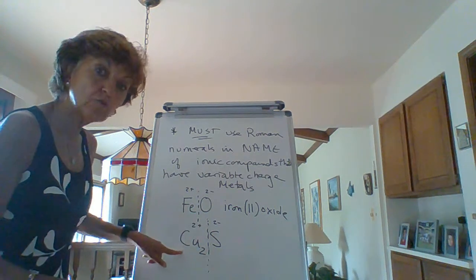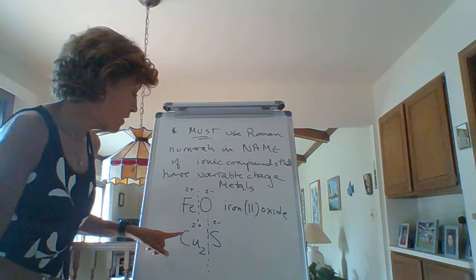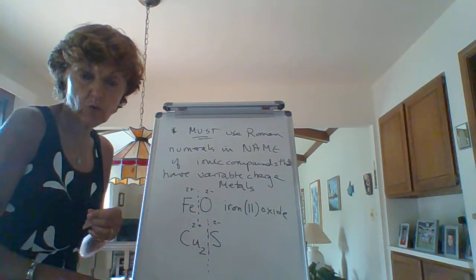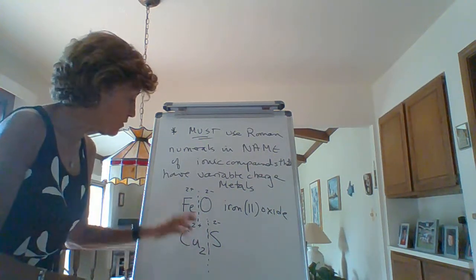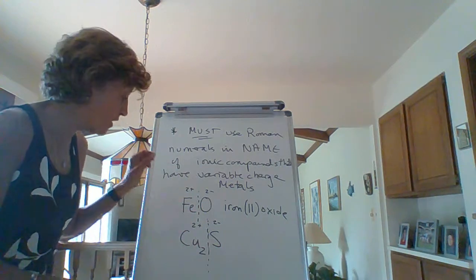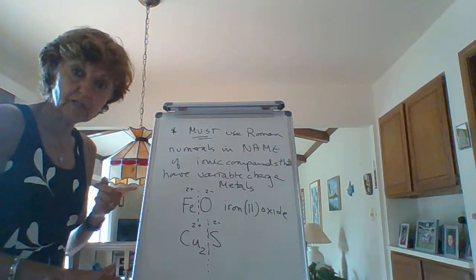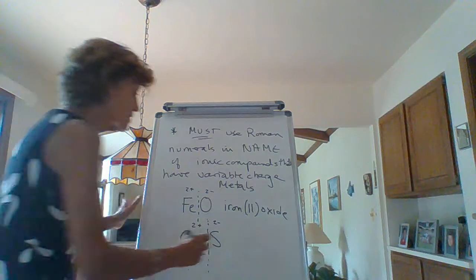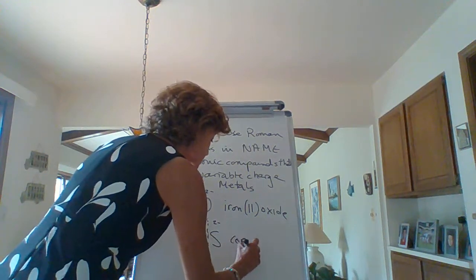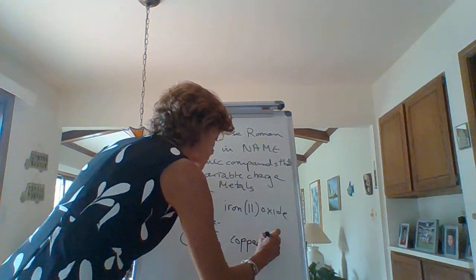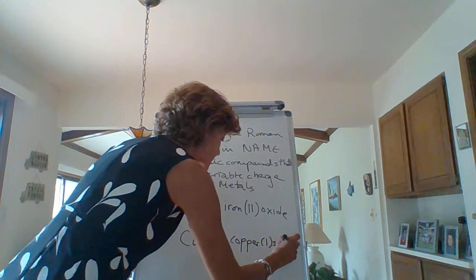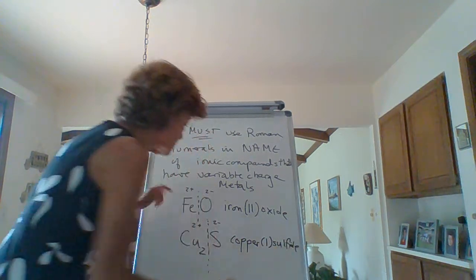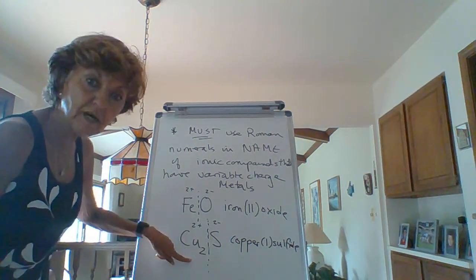Here there are two coppers. So each one of them is +1. +1 times two of them gives you the +2. So each copper is a +1. So therefore this is copper Roman numeral 1 sulfide. And what we did was we went 2 divided by 2.